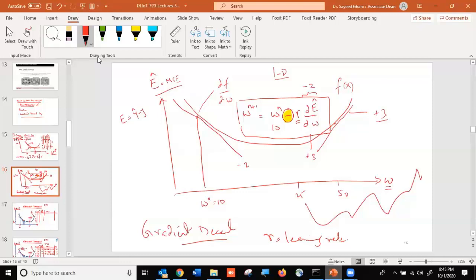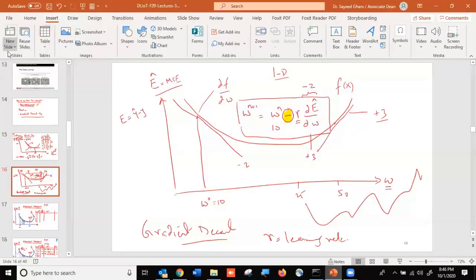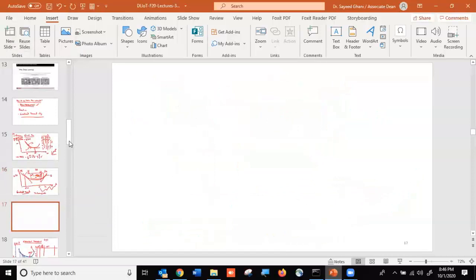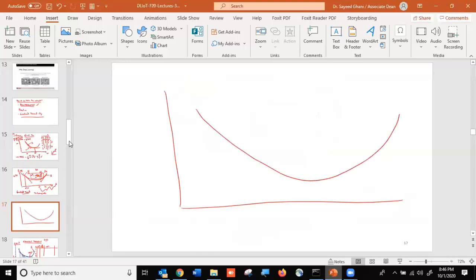So what's basically happening is that if you take R very small, then you're going to take very small steps. If you take R to be extremely big, so let's say that we have this particular solution, right? We start over here and we say, well, we're going to go in the positive direction, and this is 10, and the learning rate is very large. So we actually overshoot.